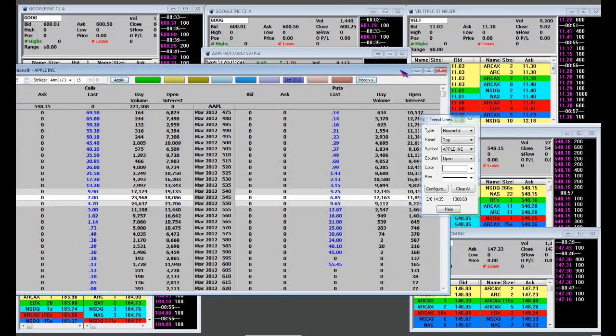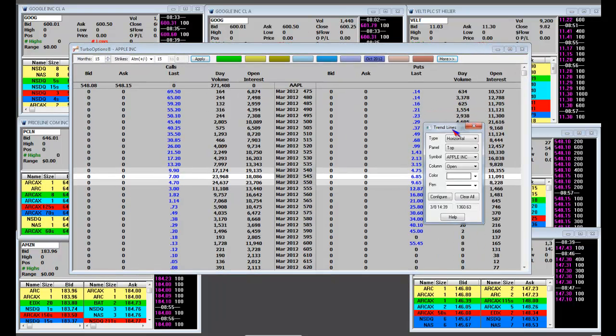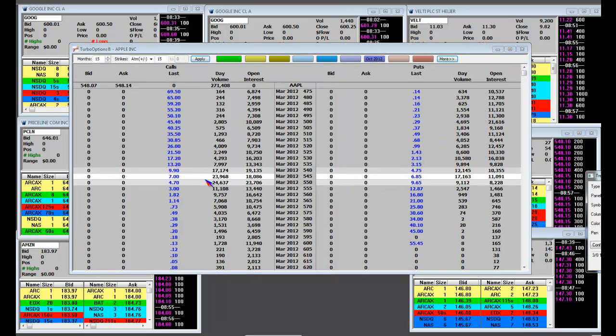And we have the complete lineup right here, MMT. We're going to be looking at this 550, and that's a March 550, by the way. So you're also going to look at that 545 call. There was 23,000 day volume traded, 24,000 of the 550s up and out of the money.